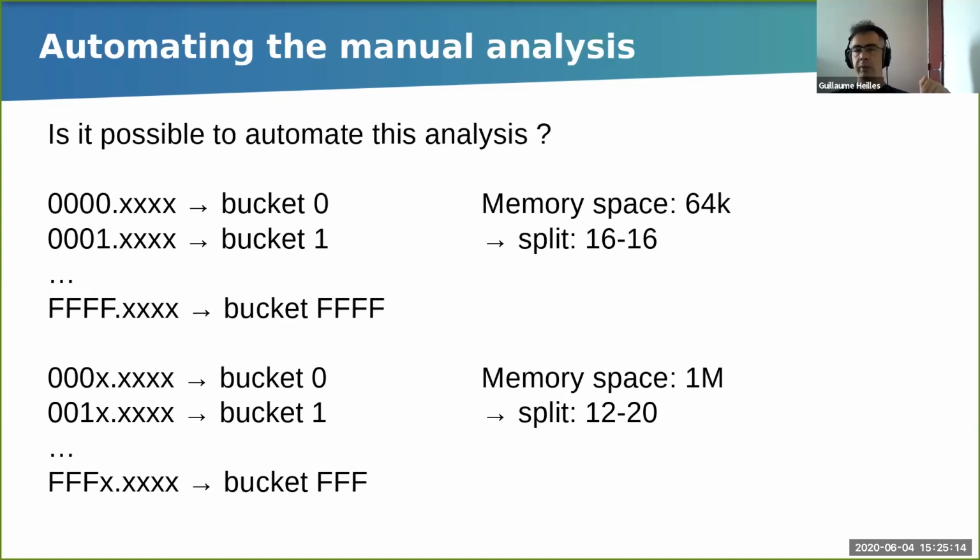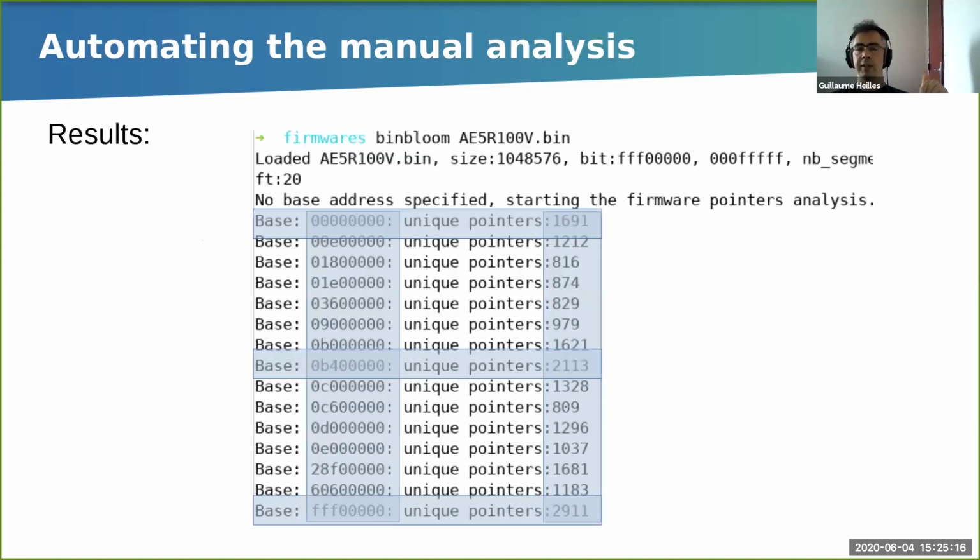So what's the result from that? If you analyze the firmware like that and count the number of unique pointers inside each bucket, you will see that some buckets contain more values than others. For example, the first bucket, starting with 000, contains 1600 values. This other bucket, starting with 0B4, contains 2100 values.